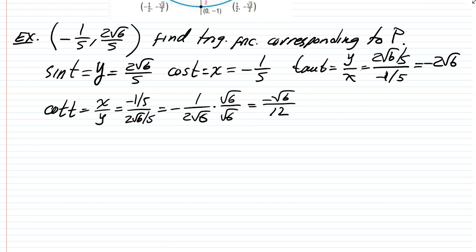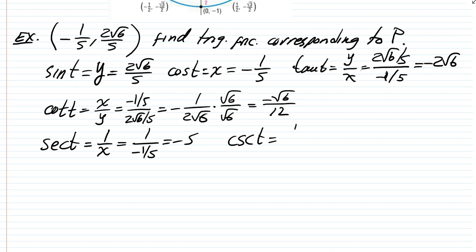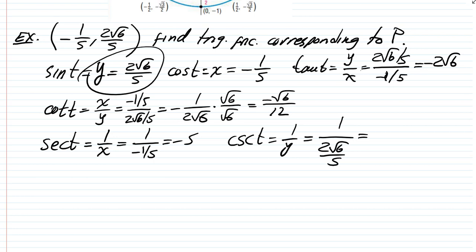All right. And what else do we want to do? Let's do secant. Okay, secant is 1 over x. So it's going to be 1 over negative 1/5, or negative 5. Cosecant is 1 over y. So it's 1 over 2√6/5. And notice, by the way, that y is sine.